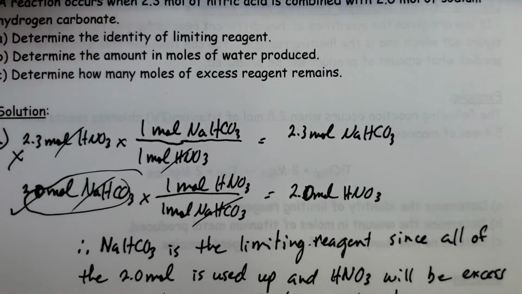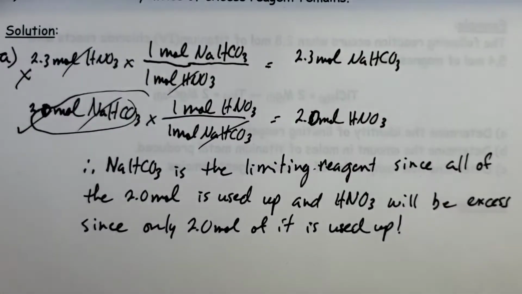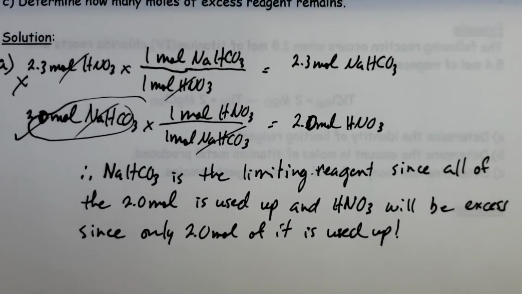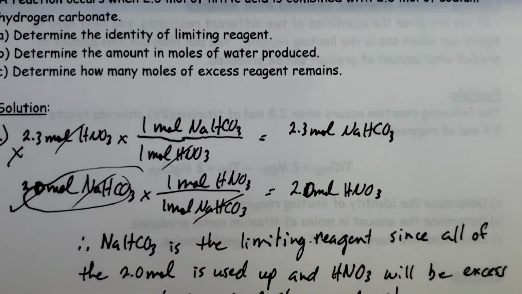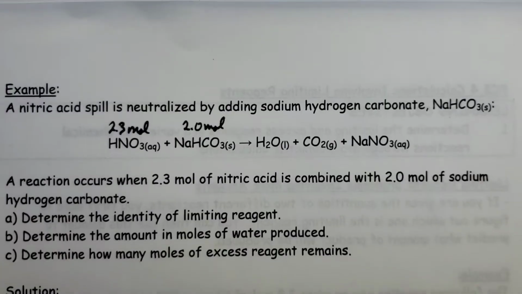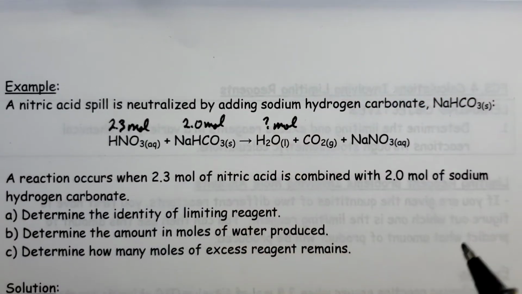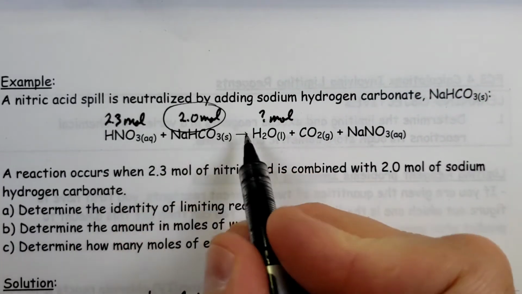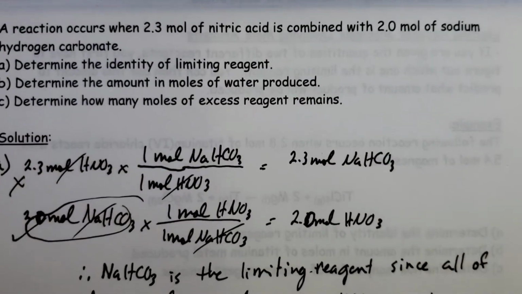So that makes it a lot easier when it's a 1-to-1 ratio as opposed to an alternative other than a 1-to-1 ratio. So B here, let's see, what does B say? B says determine how much water is produced. So since we know that this is the limiting reagent, that's the one that we're going to be using in that calculation.